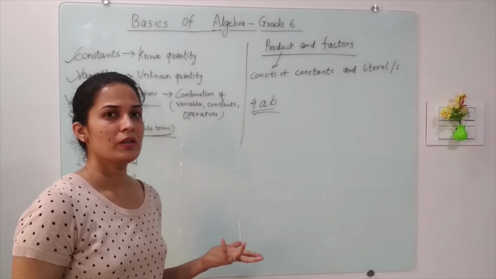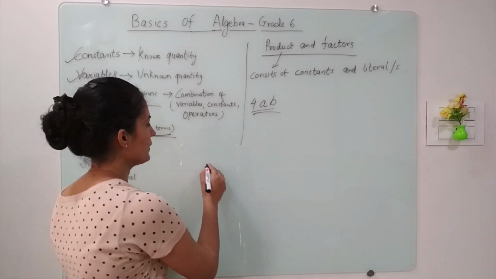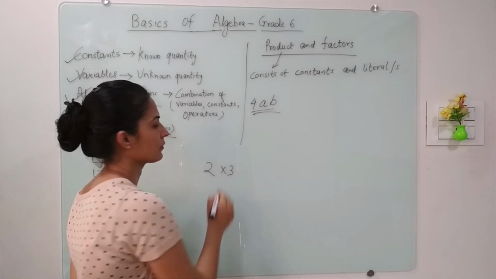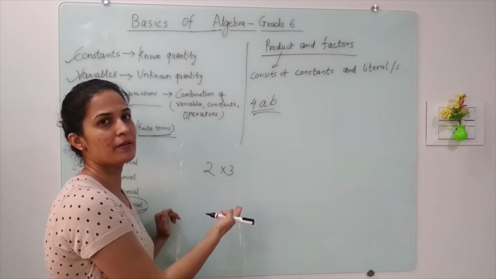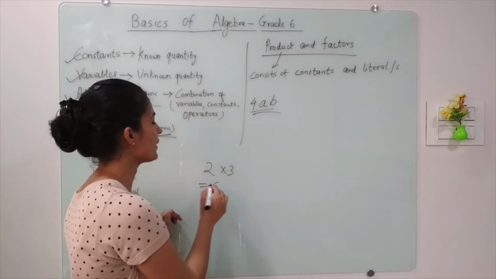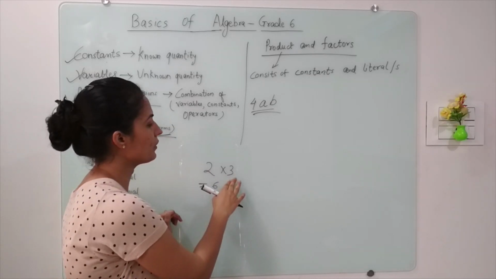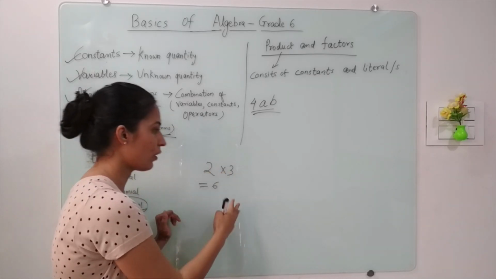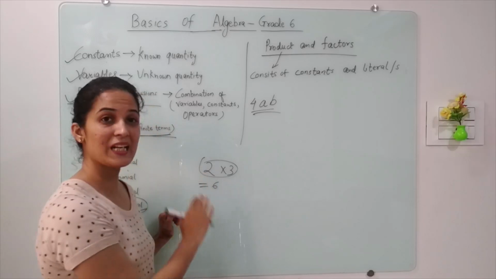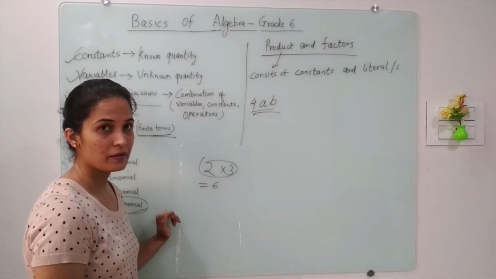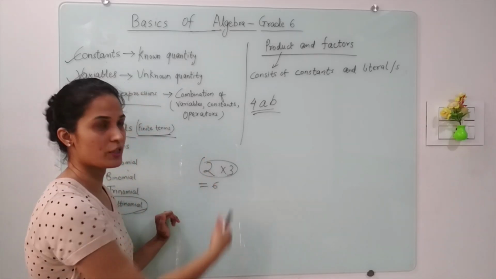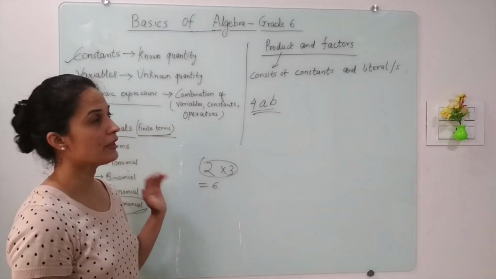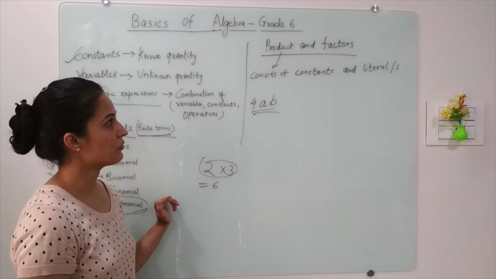Product, in a normal sense, if I say 2 multiplied by 3, it's a product of 2 and 3. The answer comes out to be 6. Because these two are constants, I can evaluate this numeric expression and get the final answer. But how does it work in algebra? That's what we are going to try to understand.